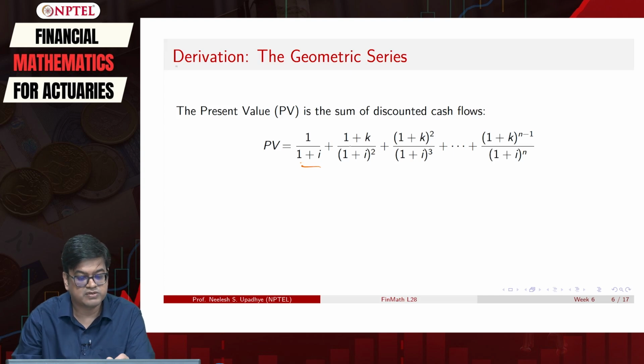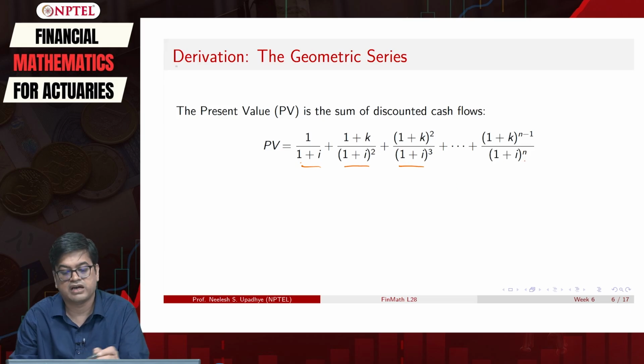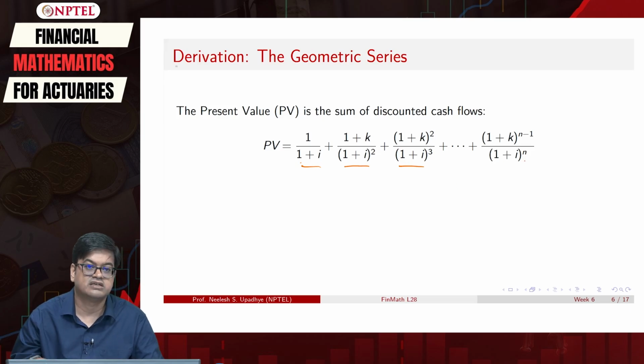For the second period, which is the payment of 1 plus k, I have to discount it by 2 factors, so that shows 1 plus I squared. 1 plus k squared will have a discount factor of 1 plus I cubed, and so on and so forth. That is how we have a geometric series.